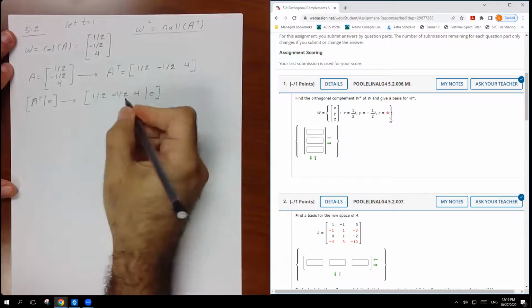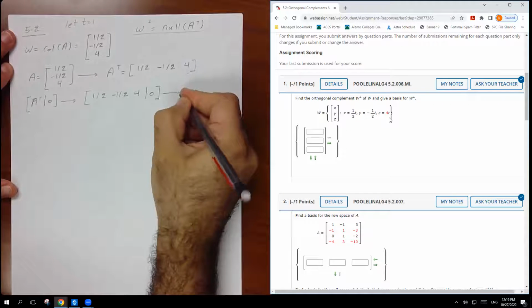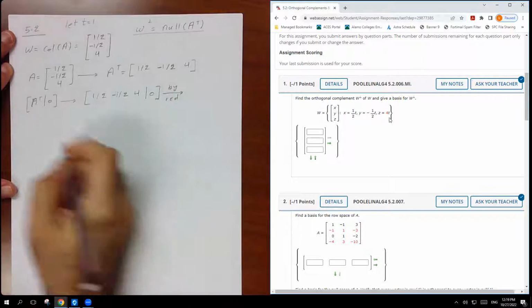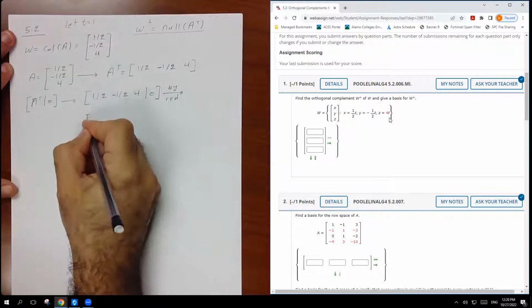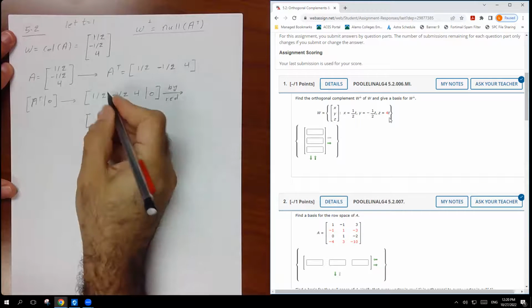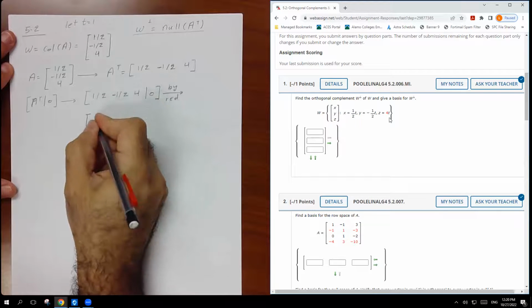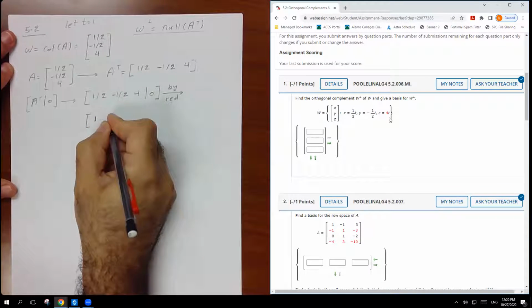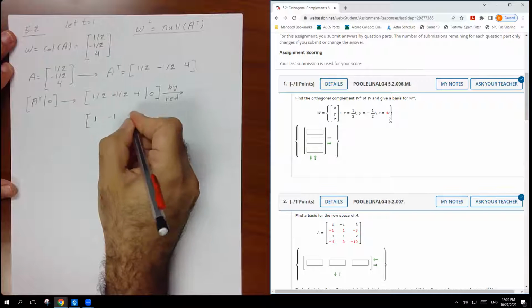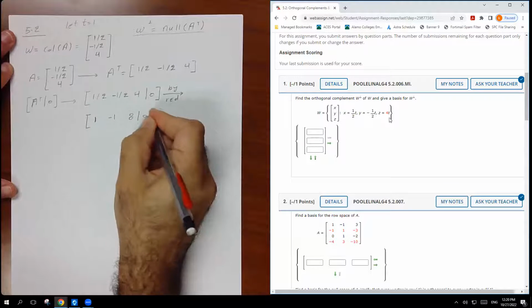Reduce this one. By reduction, which is the reduced row echelon form, you're going to multiply by 2, because we need the first element to be 1, and this one is going to be -1, and the last one is going to be 8, with the 0.